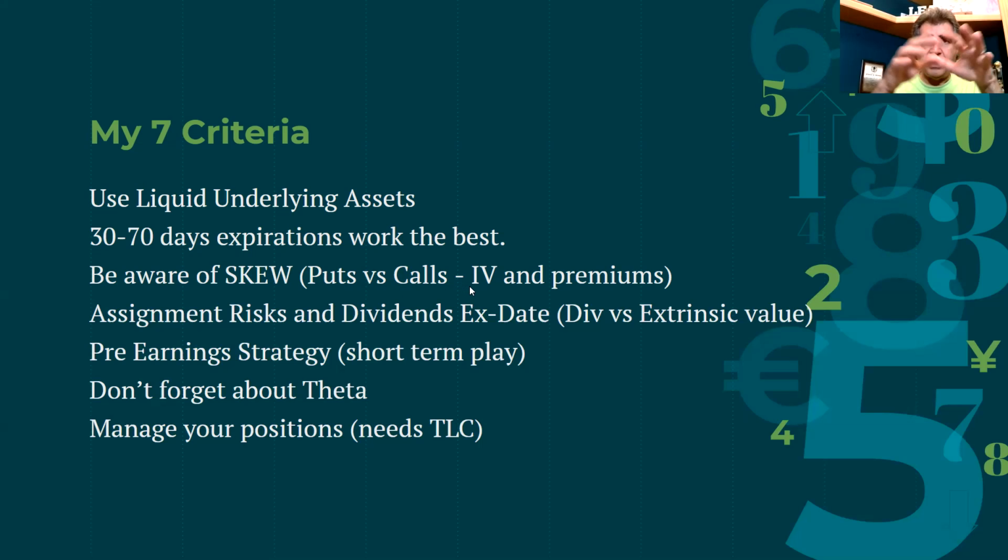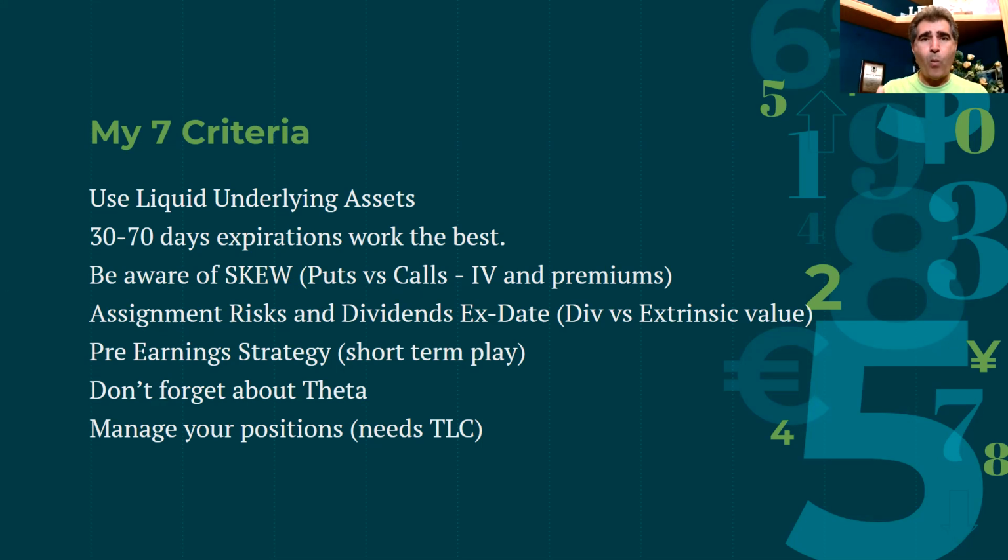So when you're building your collar strategy, adjust for assignment risks and dividends. What I mean by that is, remember, when you're selling a call, you are obligated to deliver. Whether you do a covered call or you're doing the collar, the selling part has an obligation.